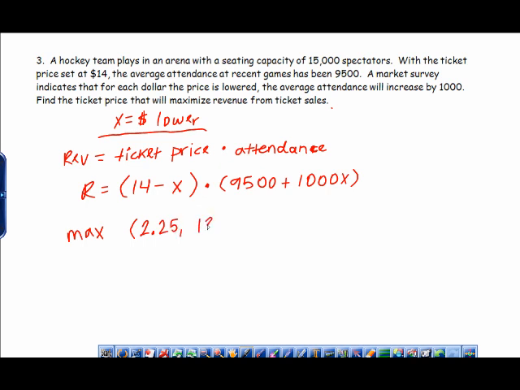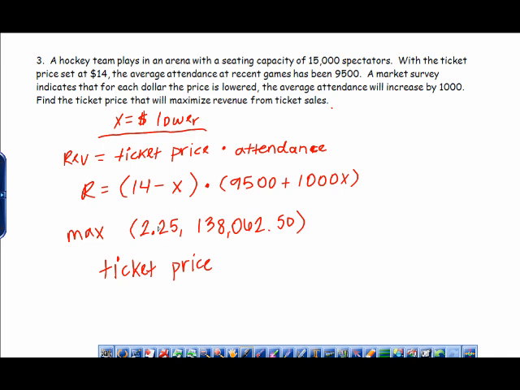And then let's interpret our answer. We always have to interpret our answer, because here, X did not represent ticket price. Remember, X was the number of dollars that I lower it. So if I want to find the ticket price that gives me this maximum revenue, I've got to subtract $2.25 from my original price, which was 14.